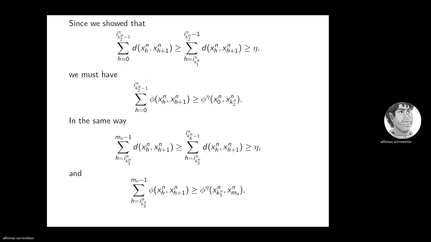And then for the cost, therefore, this sum must be larger than phi_eta of x_{0,n}, x_{n,k_n}, because it's a chain between these two points of concatenated lengths at least eta. You do the same thing for the end, the last one, and the last piece is also larger than eta.